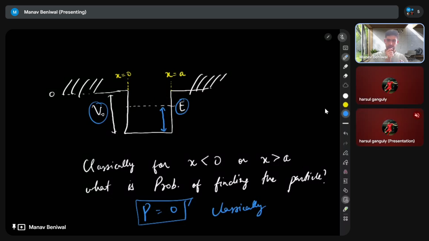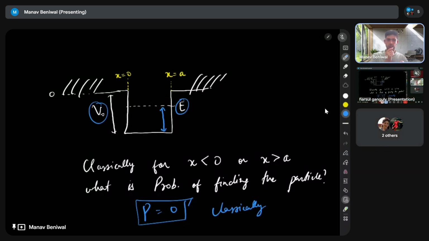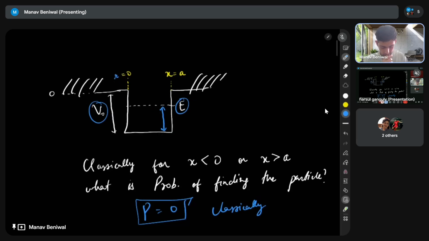Now this is very similar to the hydrogen atom. So instead of x, we can write r. So this is where we have our nucleus, and this side is not important. We have our nucleus here, and this is r equals a.